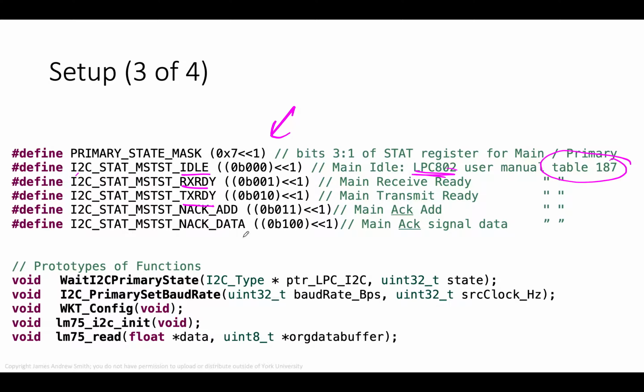These are conditions that are important to understand for your code in order to get the right sequence of commands between the 802 processor and the LM75.